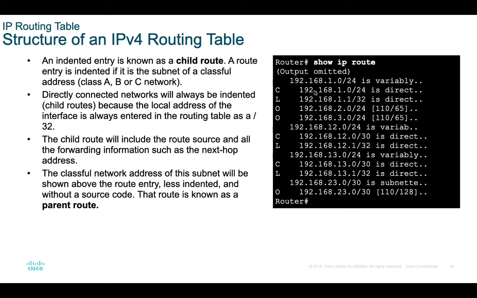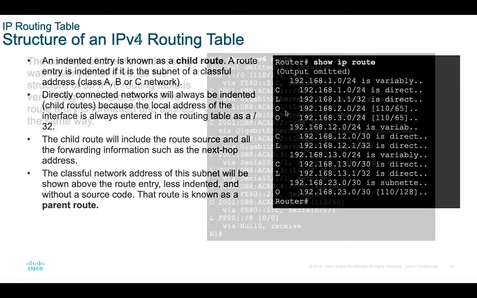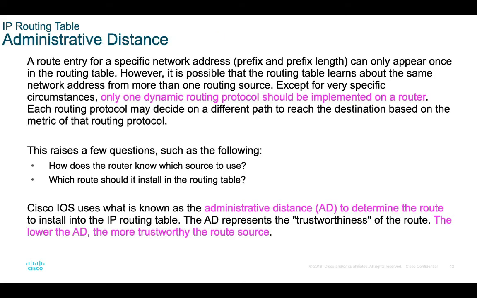Using the 192.168.1.0 network, their classful is the same, 192.168.1.0, because 192.168 is a class C, so they have the classful as class C. So we call that a parent route. Same for IPv6, but in IPv6 we don't have a parent route because there is no concept of classful or classless inside IPv6.